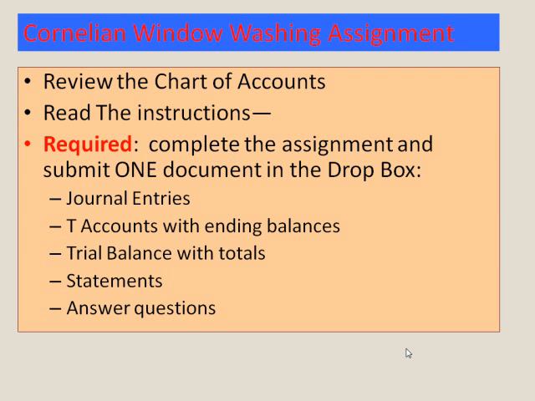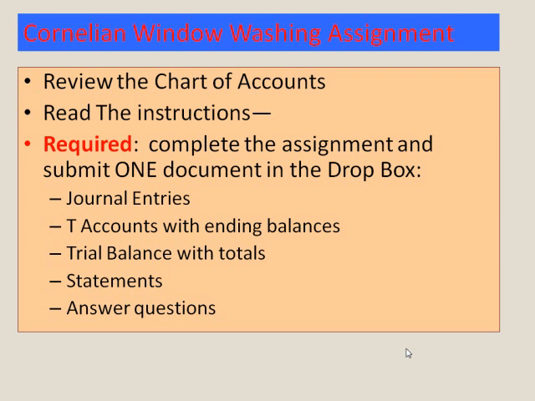But as you look at your handout, your instructions, you'll see that I've included a chart of accounts, and this is a really nice addendum to the assignment. This means you don't have to sit there and guess what account to use. You can find the account on the list. Now you should note that the accounts are listed in order. So we have the asset accounts first. They're in the 100 series, followed by the liabilities accounts.